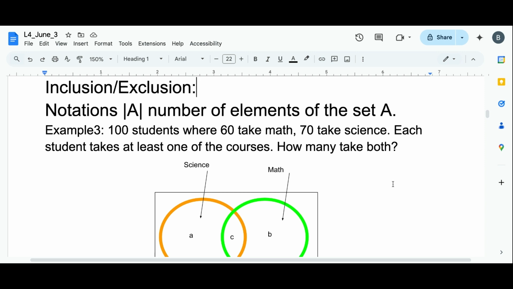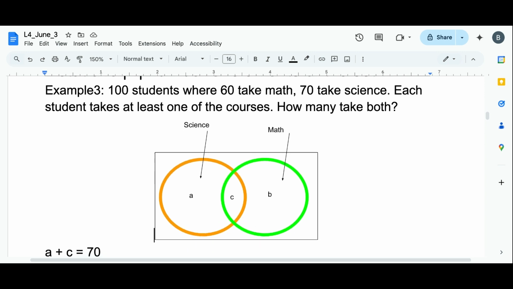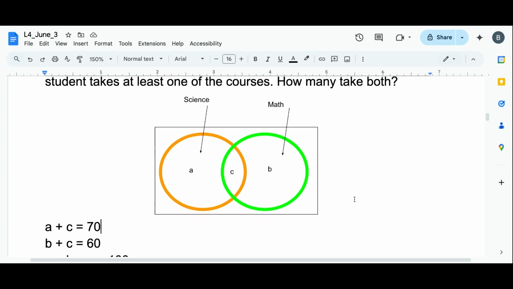So we can draw a Venn diagram here where we have a circle for the science, a circle for math, and the overlap denoted by region C. So we know that 70 take science, so A plus C is 70. 60 take math, so B plus C is 60.